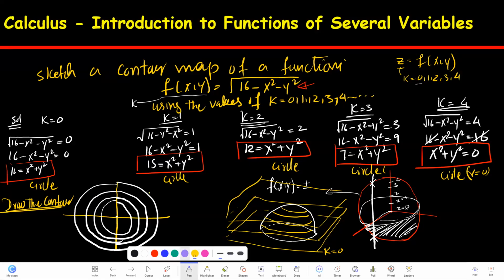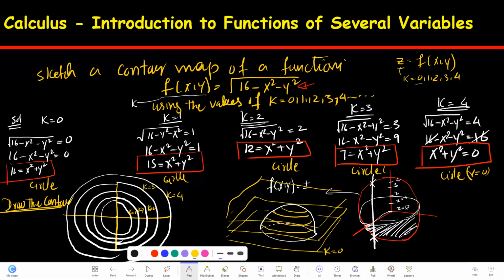And I can just type right here k equals 0, k equals 1, then k equals 2, then k equals 3. I probably need one more, k equals 4. So really these white color contours are the curves here.